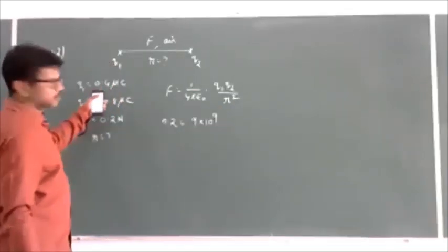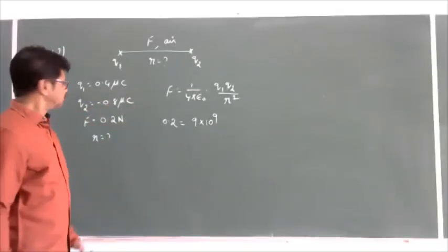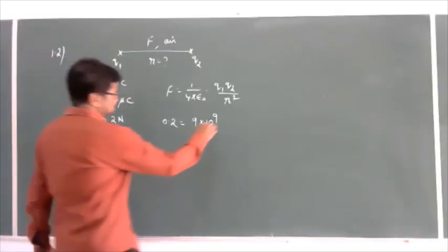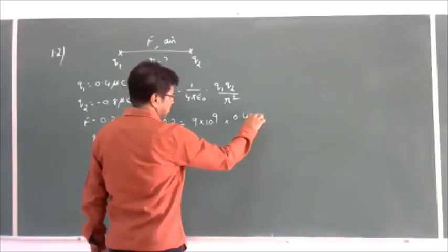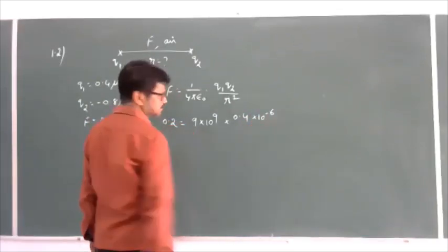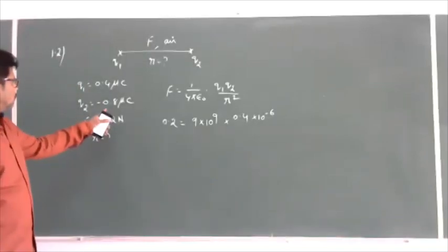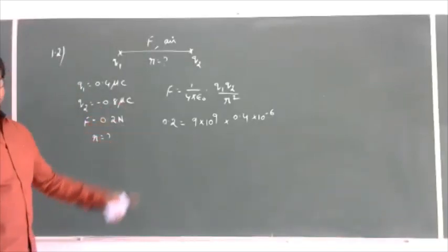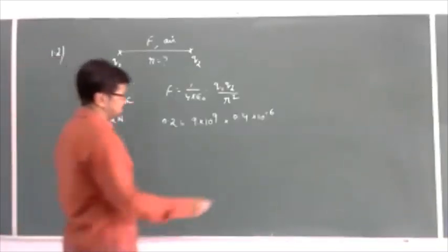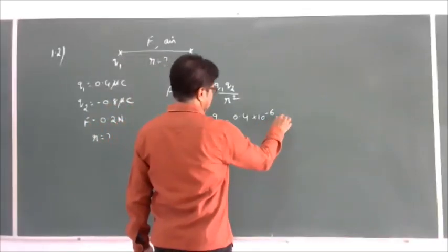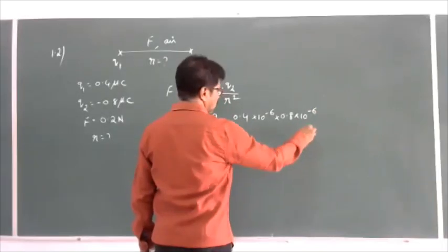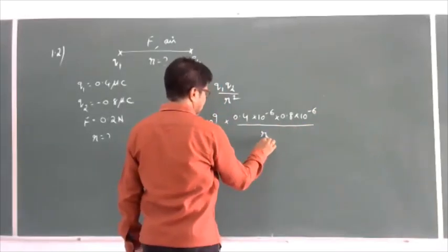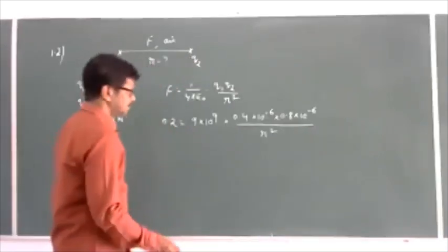Q1 is 0.4 microcoulomb. So 0.4 micro, that is nothing but 10 to the power of minus 6. And Q2 is equal to minus 0.8. Though the minus is there, we have to take plus only. 0.8 microcoulomb divided by R square.